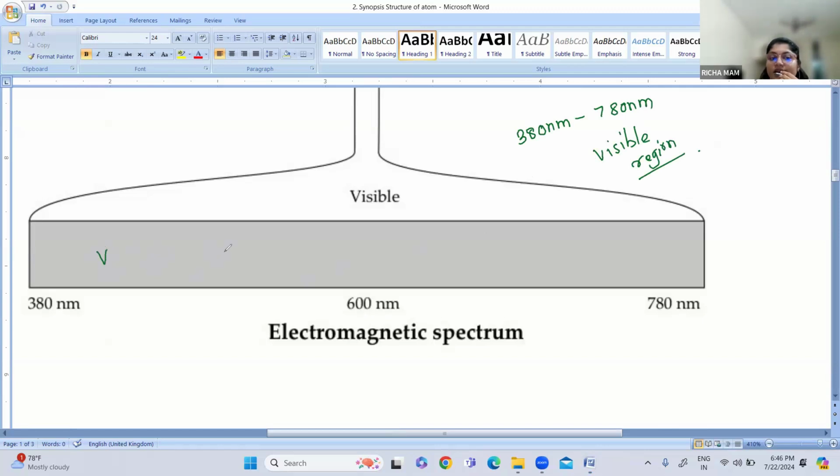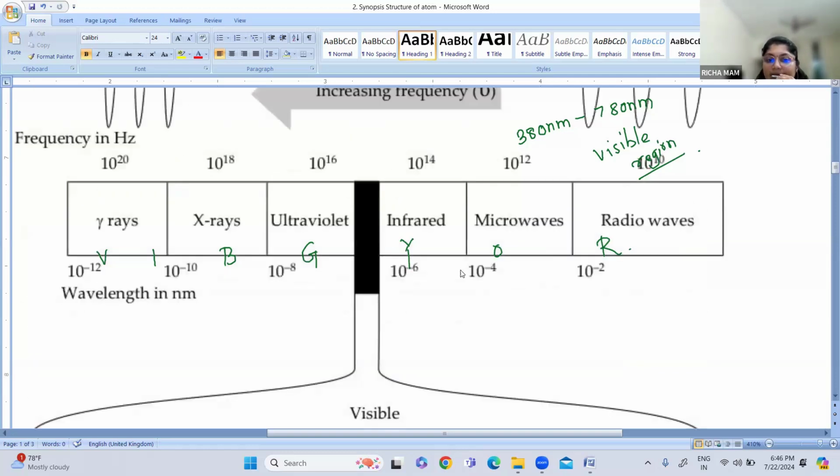That is the colors, VIBGYOR: violet, indigo, blue, green, yellow, orange, and red fall under this region. It is visible to our naked eyes. We can see these colors, right? This is the electromagnetic spectrum.